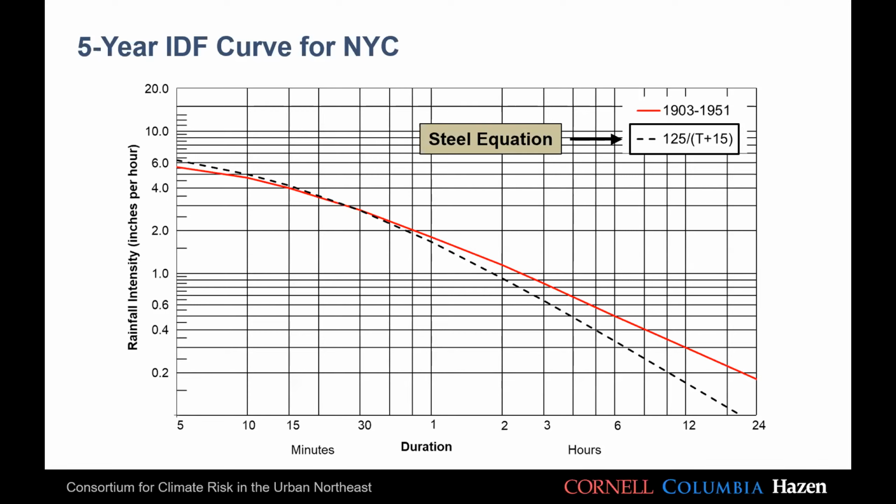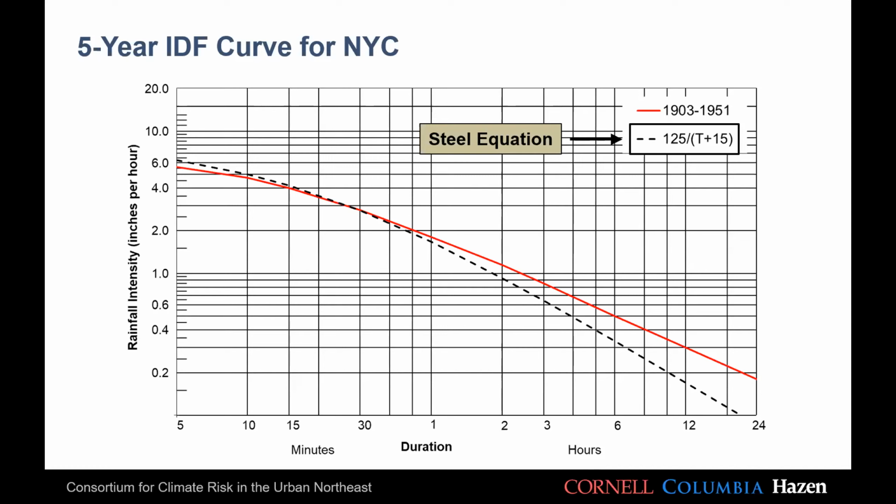This is an empirical approximation to the IDF curve. It was presented in several textbooks in the early to mid 1900s. One of them was written by a Professor Steele from the University of Texas, and so it's sometimes referred to as the Steele equation. And in practice, this is what DEP actually uses to calculate intensity.